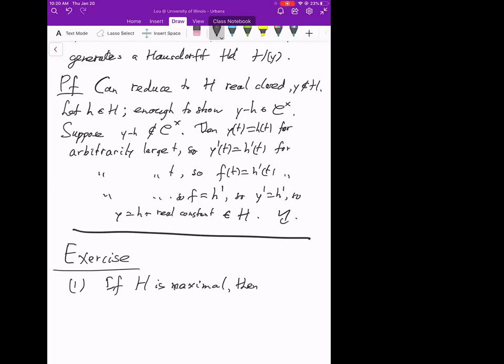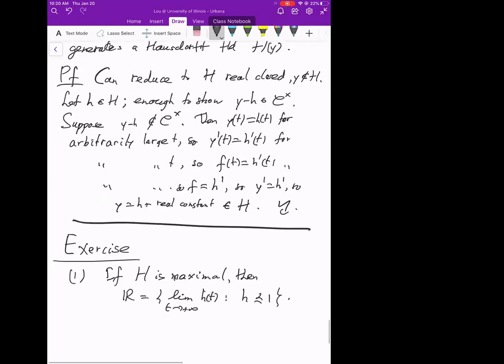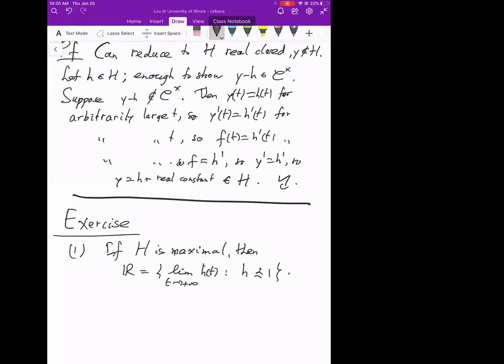Then R, where H is bounded. And of course, note also that the intersection of H with R is real closed.